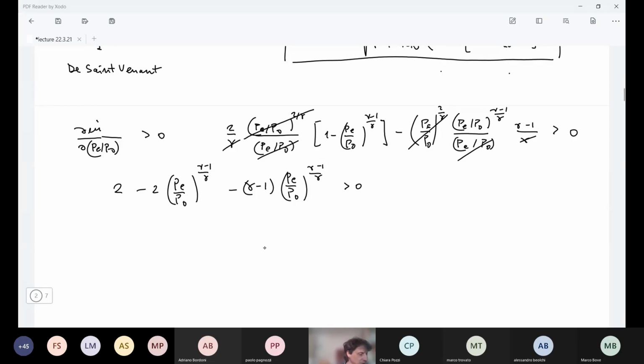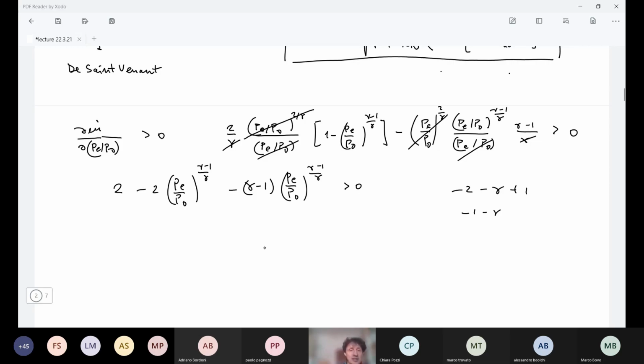We have minus 2 minus gamma plus 1, so it would be minus 1 minus gamma.